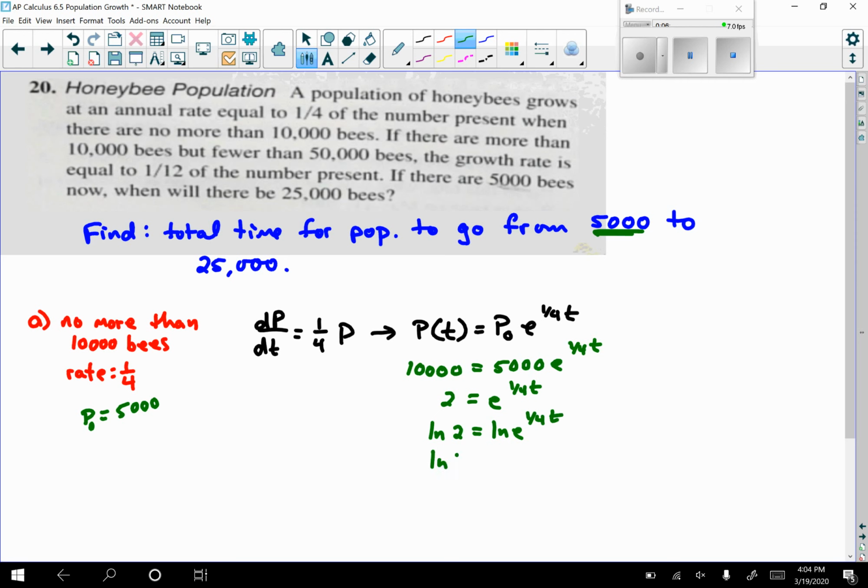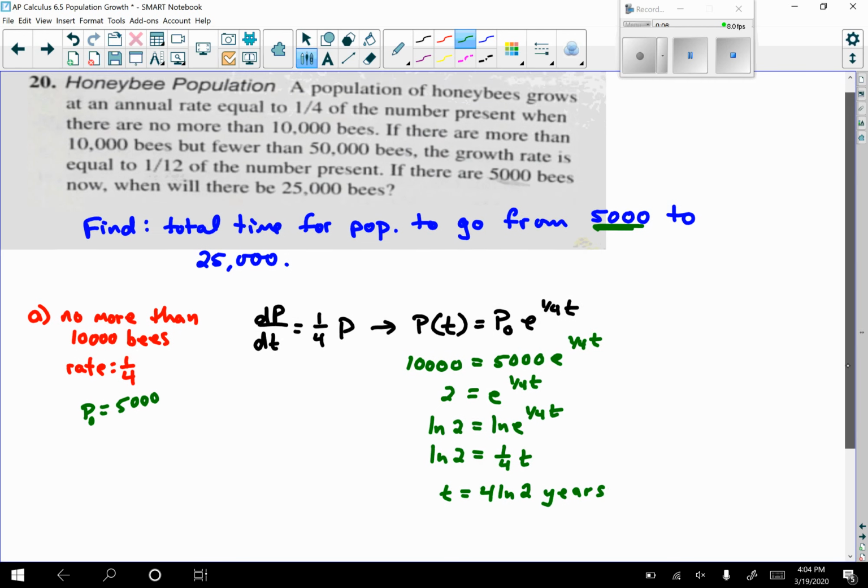So we get natural log of 2 is equal to 1/4 t. Now here we're going to multiply, so t is going to equal 4 times the natural log of 2. And we're going to leave it in exact form for right now, but t is in the number of years. So that's for the first part.